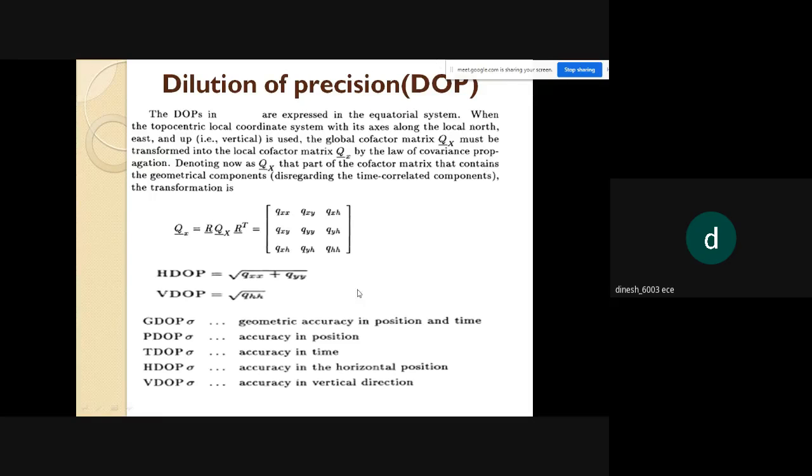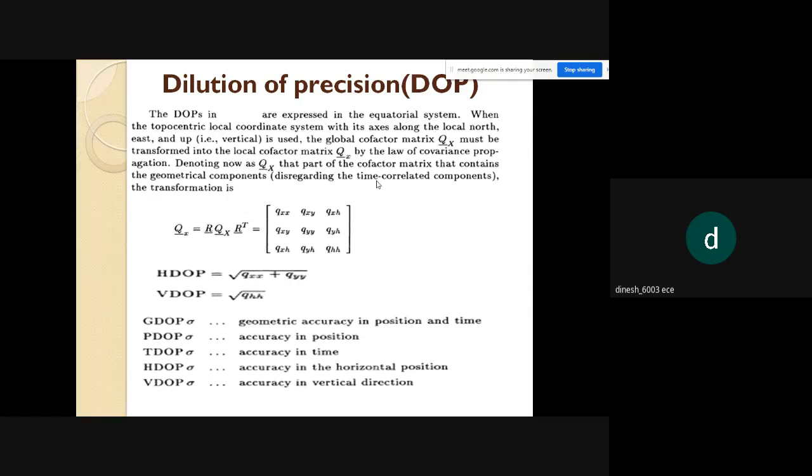And this DOP can be expressed in the topocentric local coordinate system also, with its axes along local north, local east, and up, while the global cofactor matrix Qx is used.